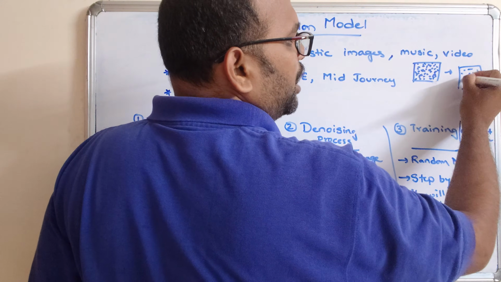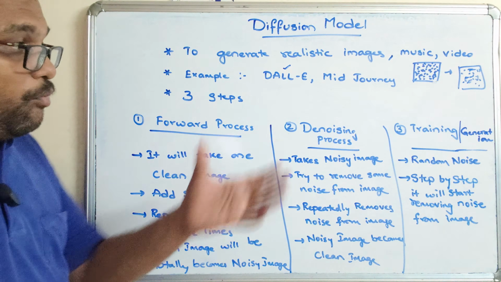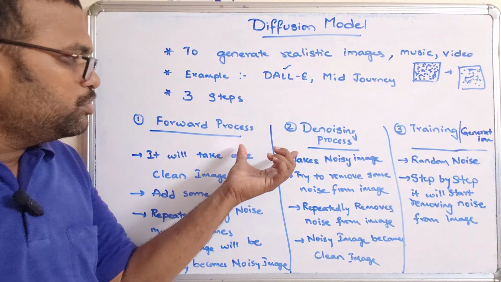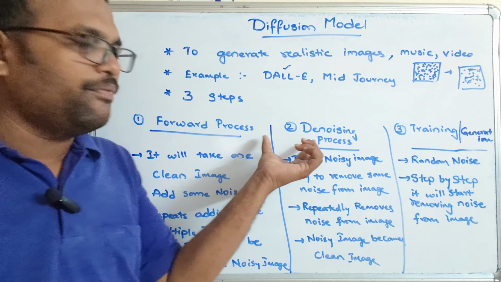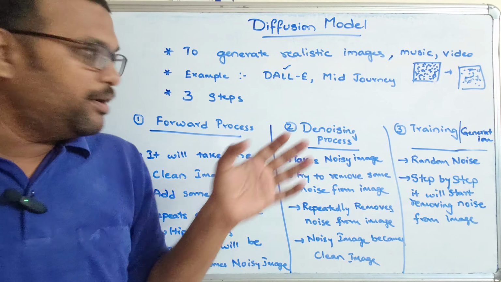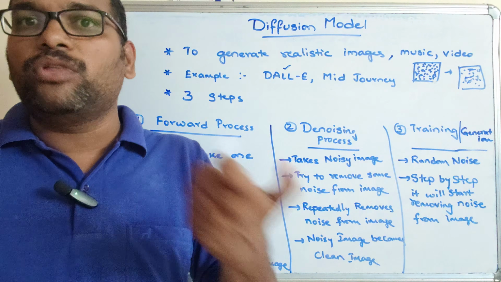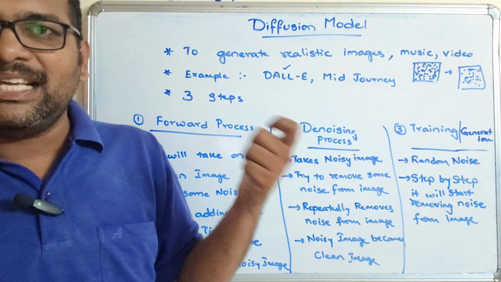After repeating, what it has learned from the two steps, that means the forward process and the reverse process, is how to remove the noise. From these two steps it will be learning how to remove the noise from the noisy image.